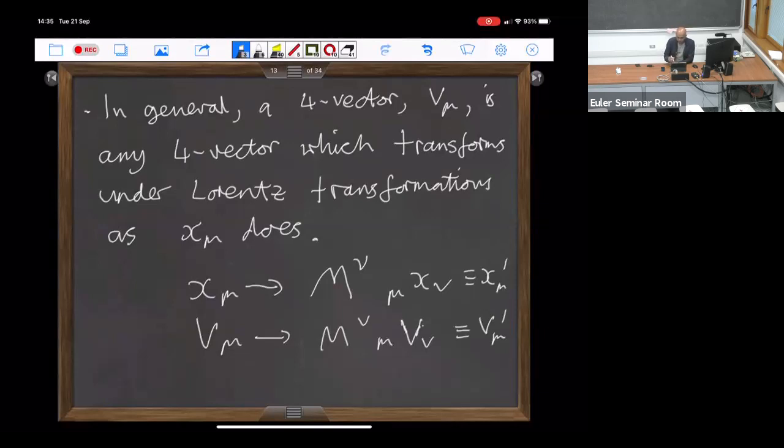This is just the definition. Later on, we will be working with different examples of 4 vectors and 4 tensors, which are objects that have more than one Lorentz label. And you will throughout your courses.